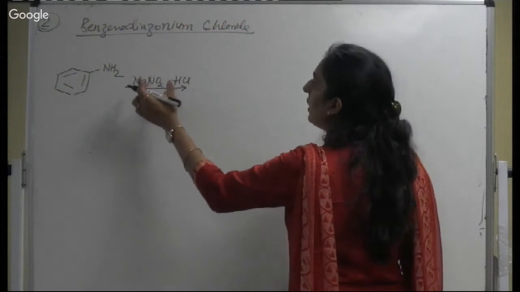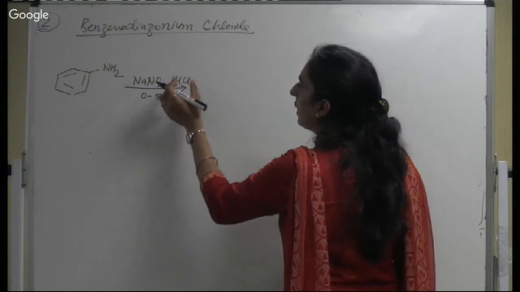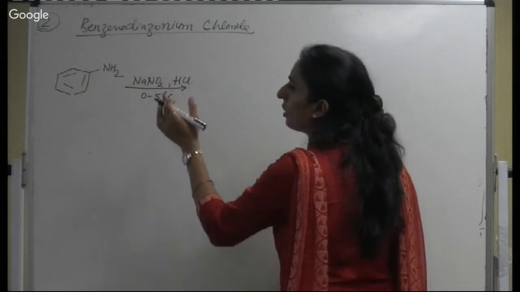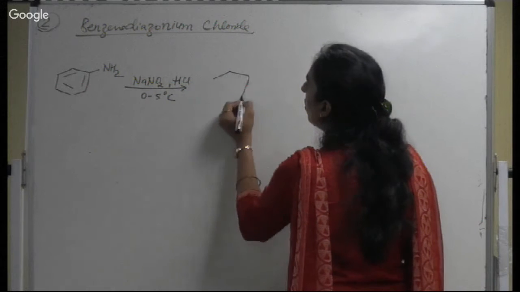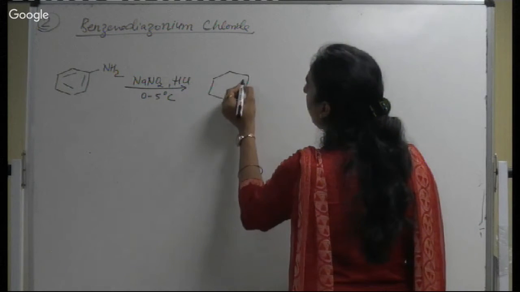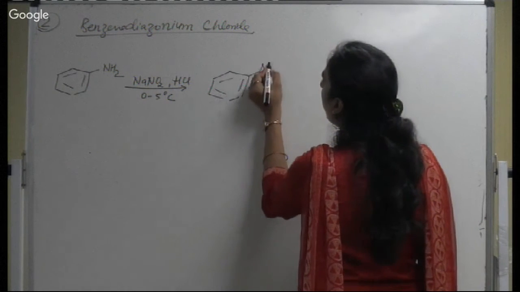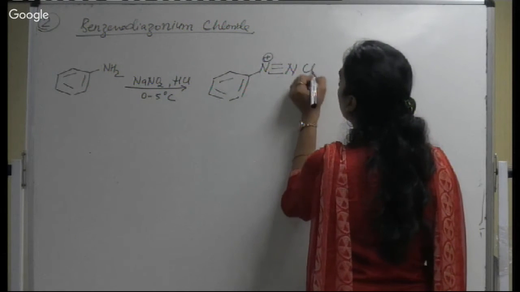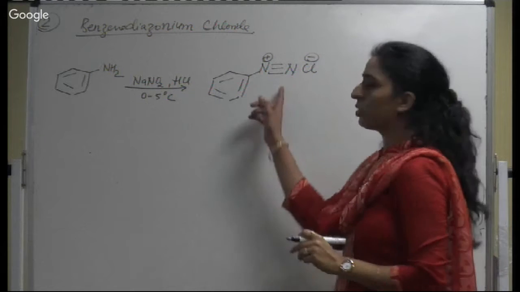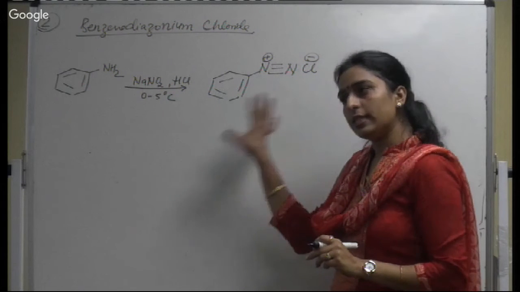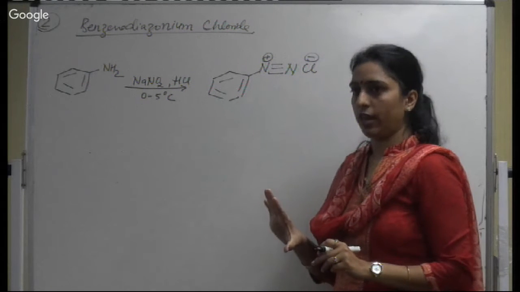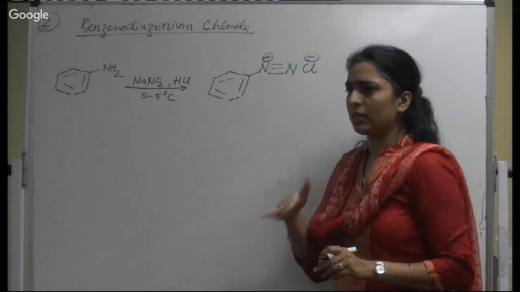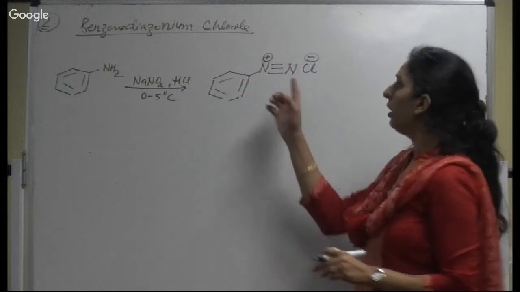So whenever you treat it with the mixture of HCl and sodium nitrite, it leads to the formation of a compound called diazonium salt. This reaction is called the diazotization reaction. You will be discussing this reaction in detail, don't worry.